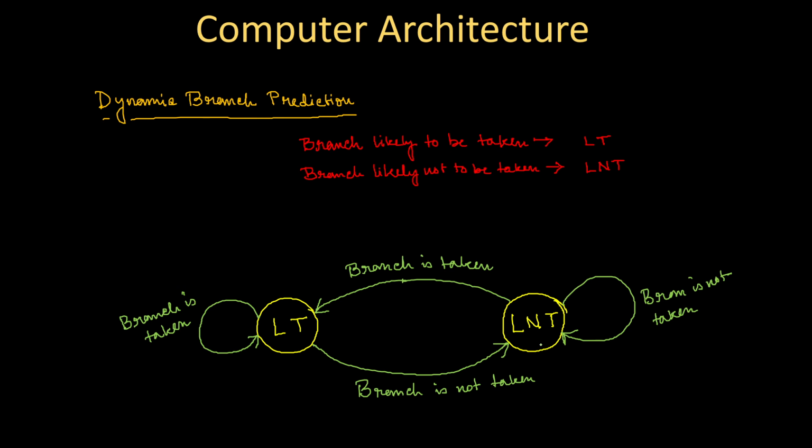Now this particular state diagram has a lot of disadvantages. The reason is that if you consider some more complex programming where you have a nested loop, you will see that only these two states of mind are not going to fulfill the proper requirement to nullify the number of bubbles present in the pipelining.